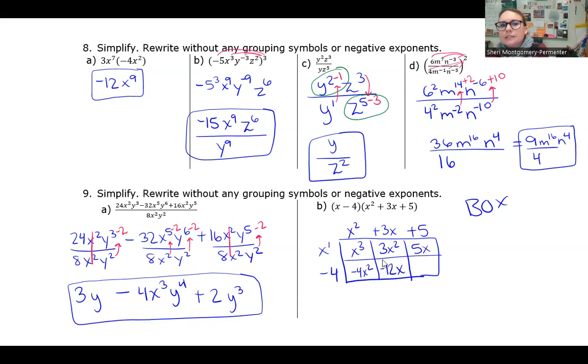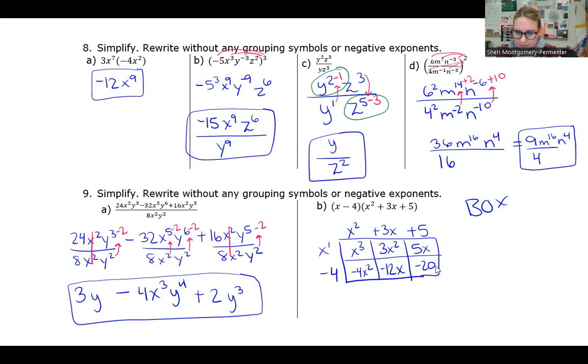And then 5 times negative 4 would be negative 20. Now I can combine like terms. So when you combine like terms, you can always combine diagonally because I see that I have an x squared and an x squared. I have an x and an x. I don't have anything to combine in the first or the last box.